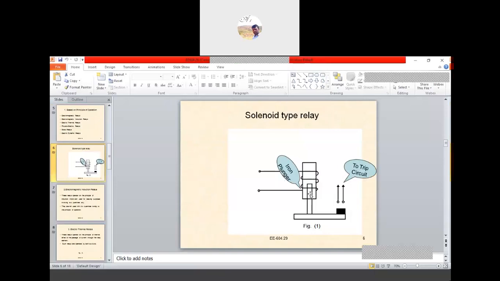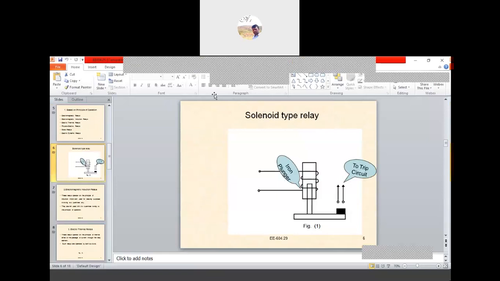If we take the electromagnetic relays, here it will work like this. Here is the trip circuit we connected, and here the iron plunger, which is a current solenoid type relay.